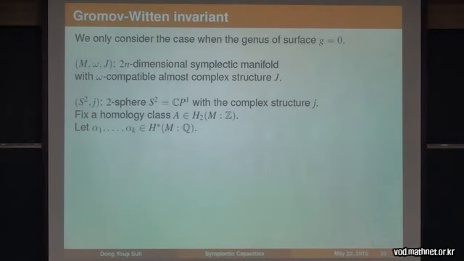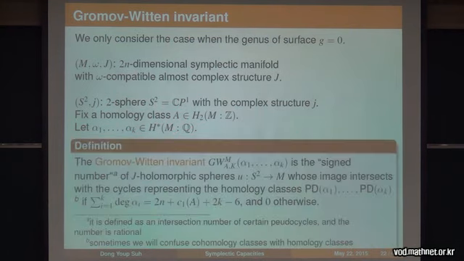But of course, the Gromov-Witten invariant for different genus is also defined. So (S^2, j) is a two-sphere, S^2 is P^1 with complex structure j. So fix a homology class A, and let alpha 1 to alpha k be cohomology classes with Q coefficients.